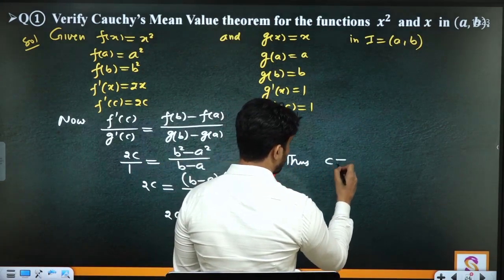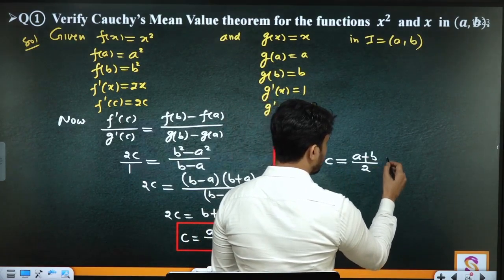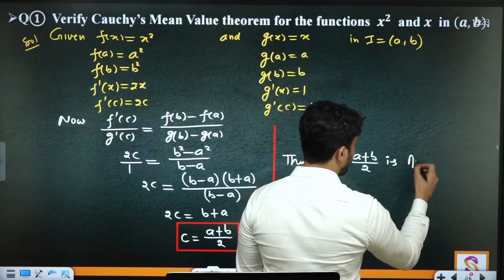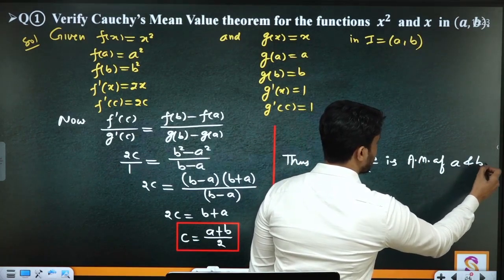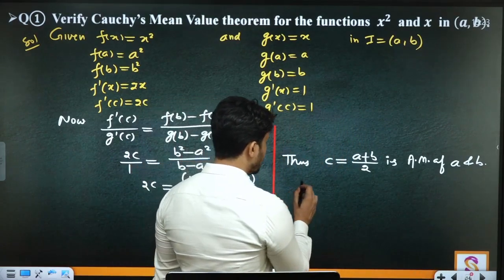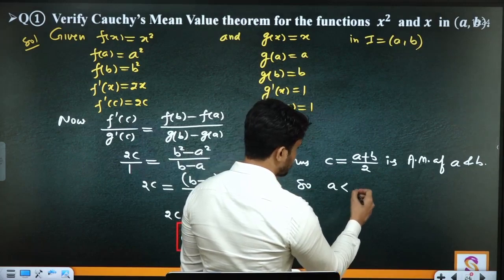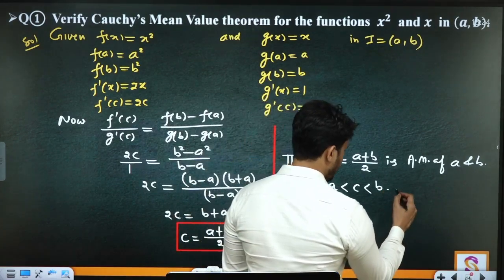c, (a plus b) upon 2 is arithmetic mean of a and b, AM of a and b. So a less than c less than b is verified.